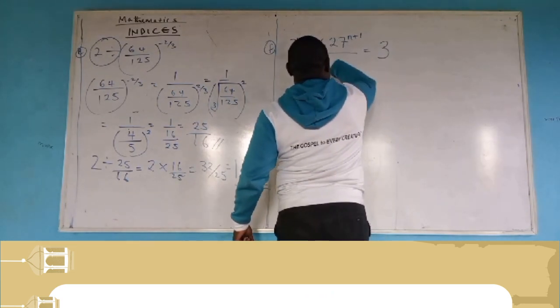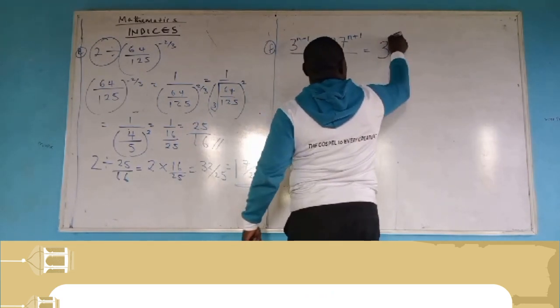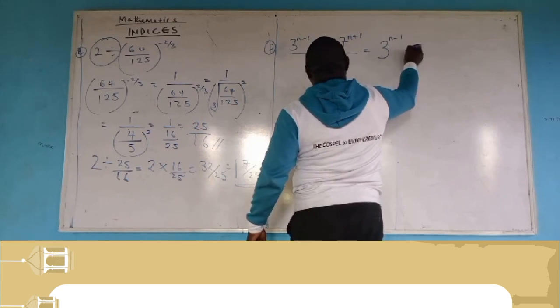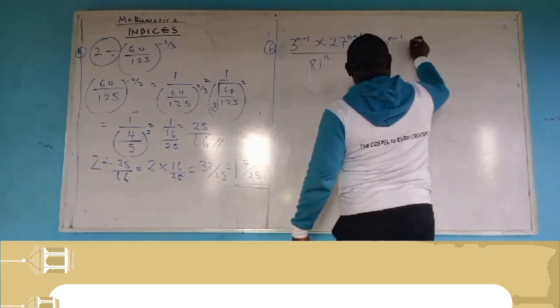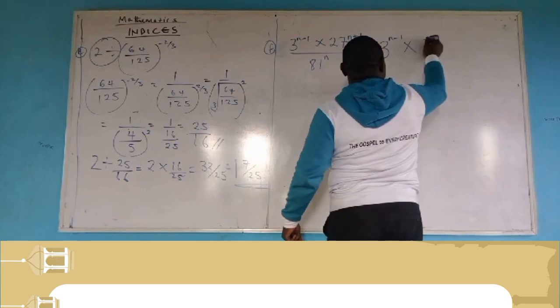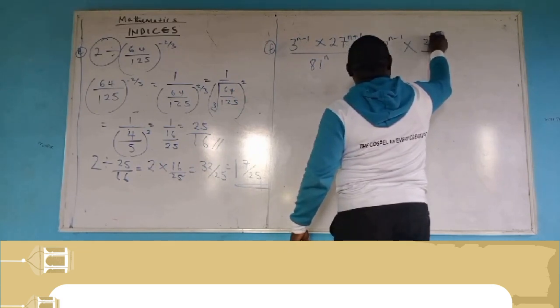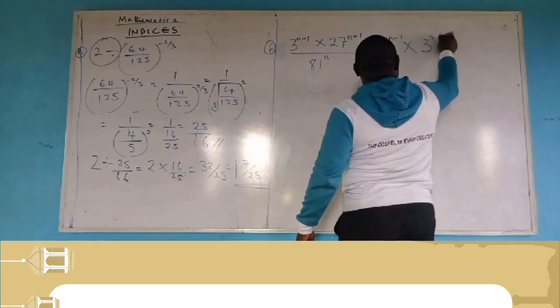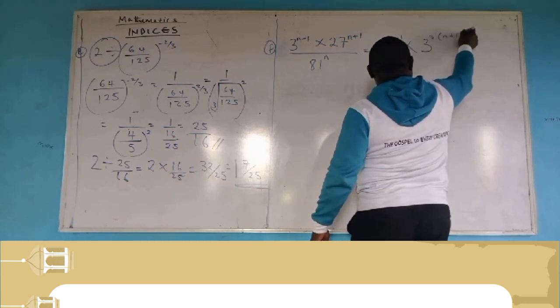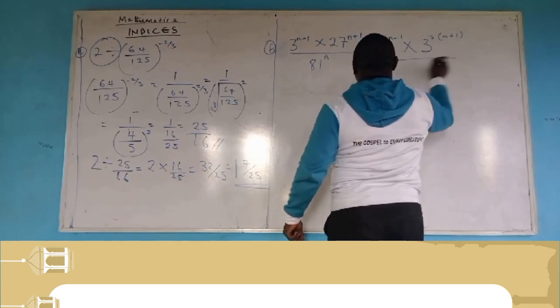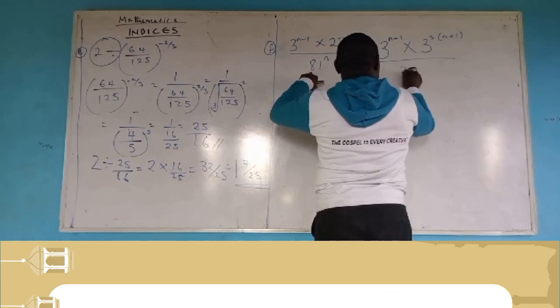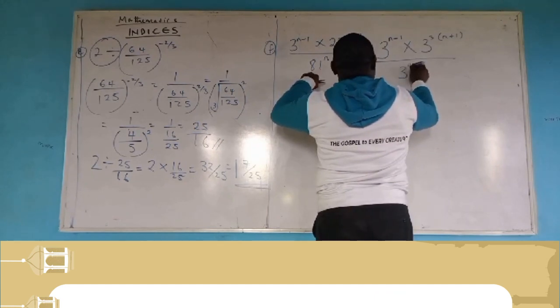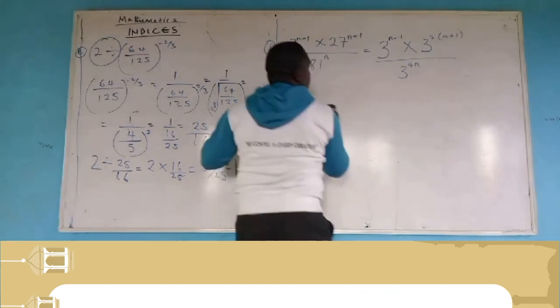Just express it in terms of 3. Now leave that. Come to this first. You have 27 raised to power 3 to the n plus 1. This is the same thing as 3 raised to power 4, then you have n there.